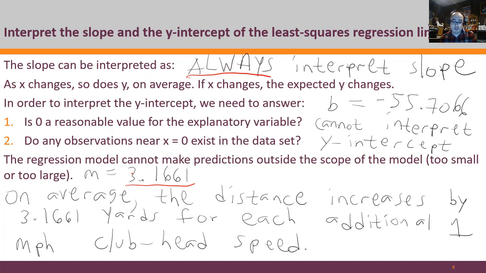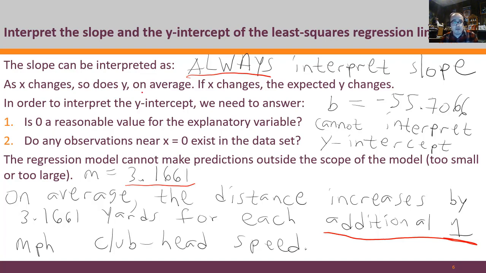An interpretation of that is something such as, on average, the distance increases by 3.1661 yards for each additional 1 mile per hour in club head speed. Okay? So again, on average, and it always changes x by 1 in our interpretation of the slope.